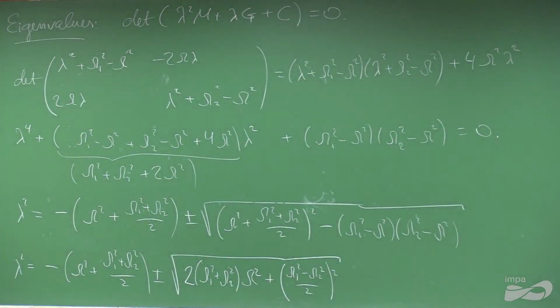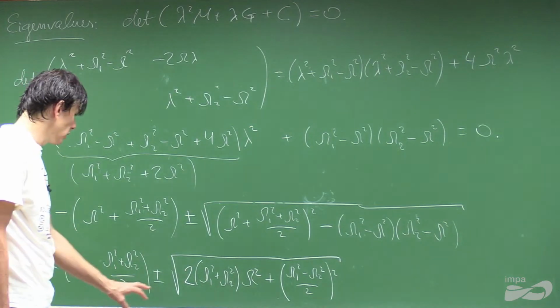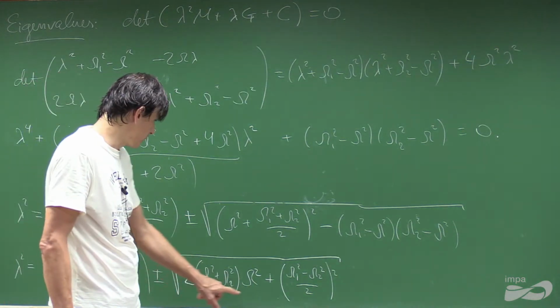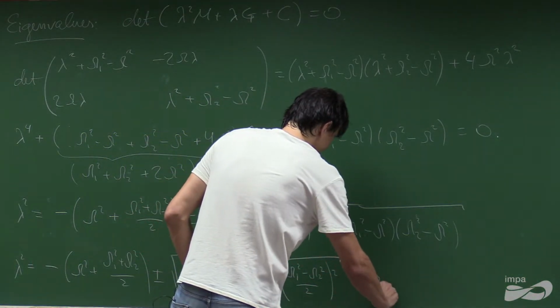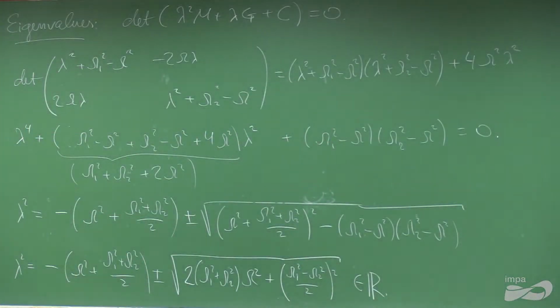So that's the result. And what is good is that this is real, and the square root is positive, right? Because everything is positive. So omega squared is a real number. So at least omega squared of the eigenvalues are real.